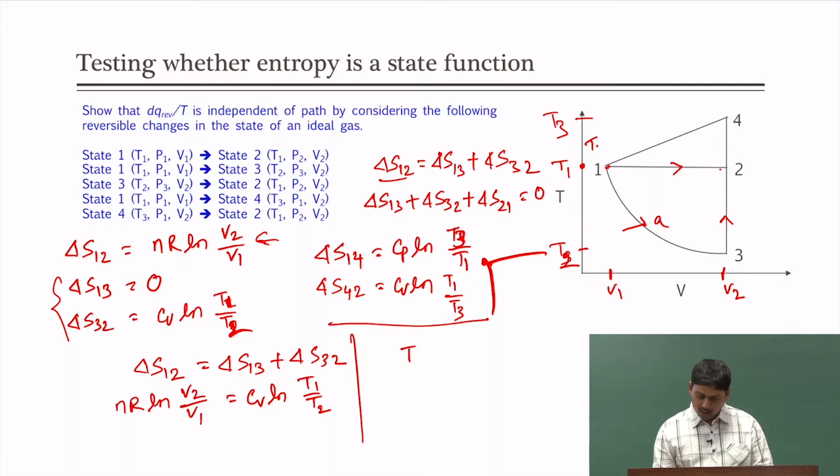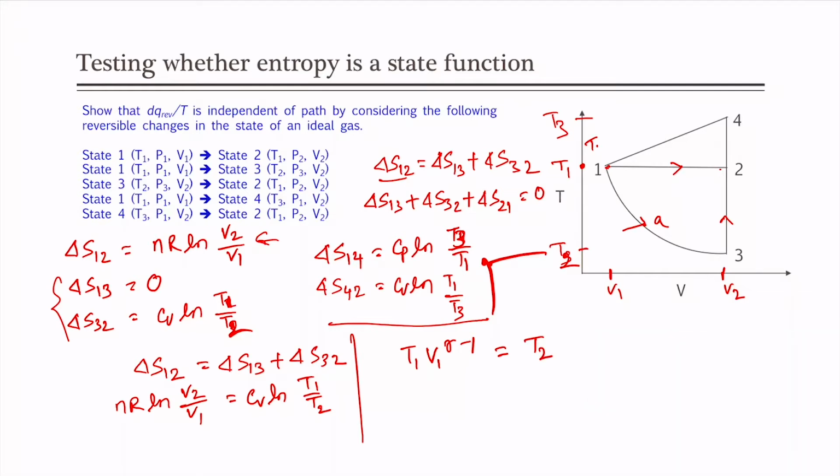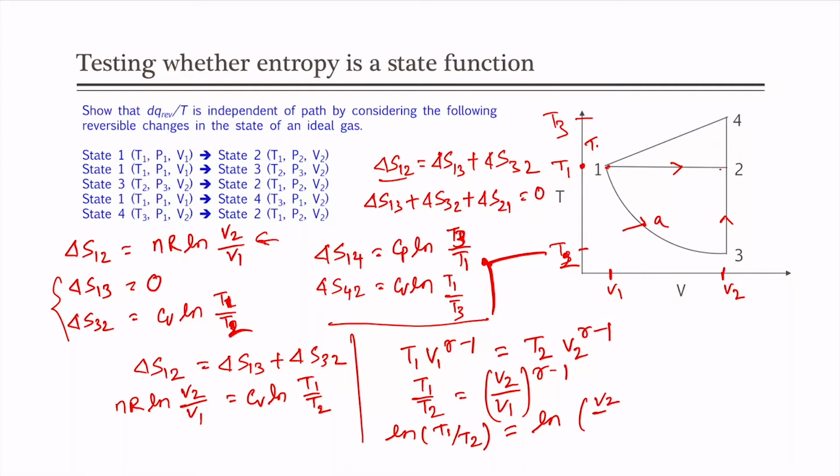State 1 has T1 temperature and volume V1, and state 3 has T2 temperature and volume V2. Then T1 by T2 becomes V2 by V1 to the power gamma minus 1. Taking ln on both sides, we get gamma minus 1 ln V2 by V1.